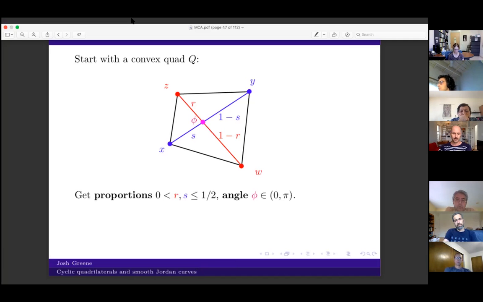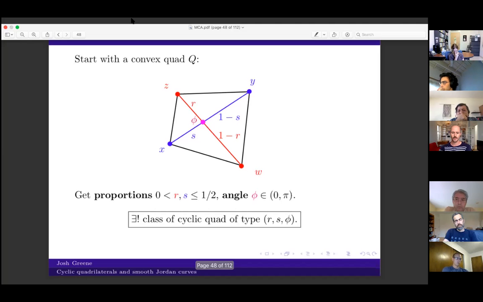And as it turns out, if you fix your R, your S, and your phi, there is a 2-dimensional family of convex quadrilaterals with those parameters, because you can rescale the diagonals independently of one another. But if you look up to similarity, there's a unique cyclic quadrilateral with those parameters R, S, and phi.